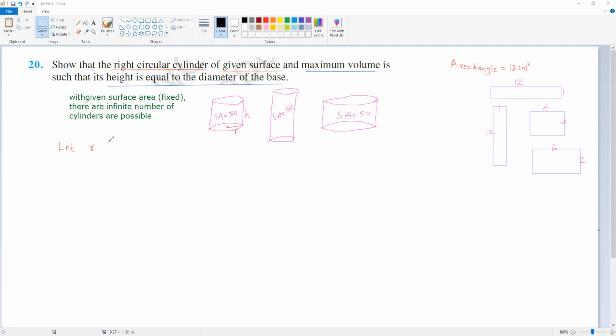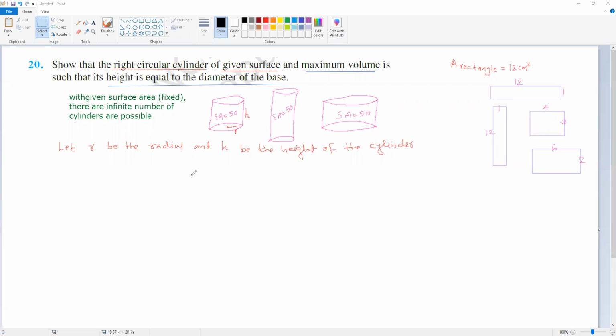Let R be the radius and H be the height of the cylinder, right circular cylinder.